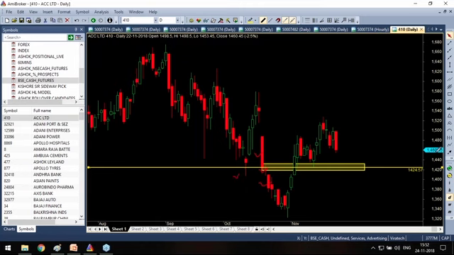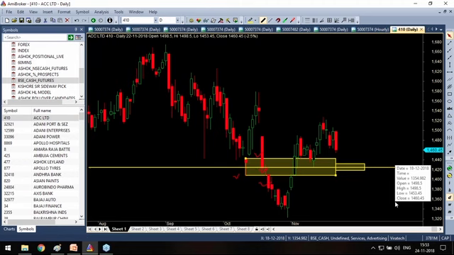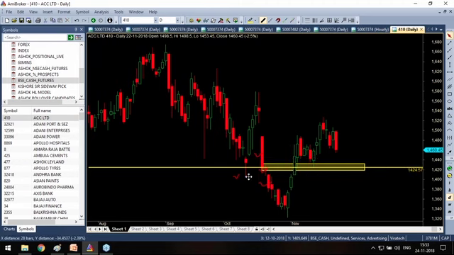Correct, friends? It's a pin bar, and that particular pin bar is also a zone. It's a zone. Correct? That particular pin bar is a zone because it is a drop base rally.